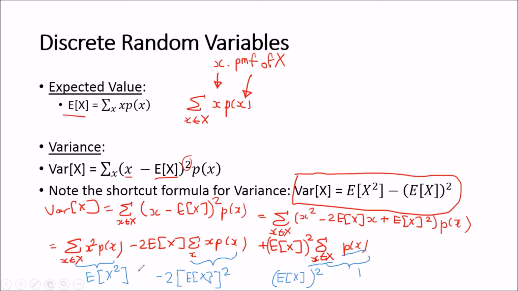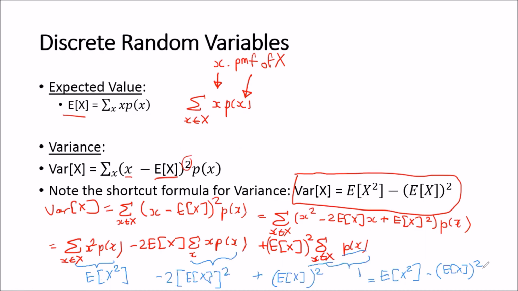So we have the expected value of x squared minus 2 times the square of the expected value of x plus the square of the expected value of x. And we know that this simplifies to the expected value of x squared minus the square of the expected value of x. And voila, there we have our result.